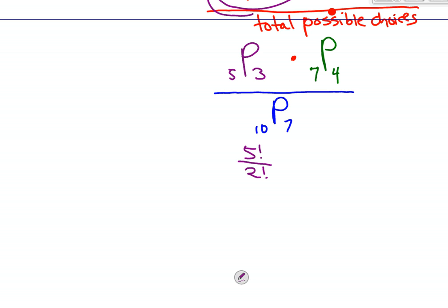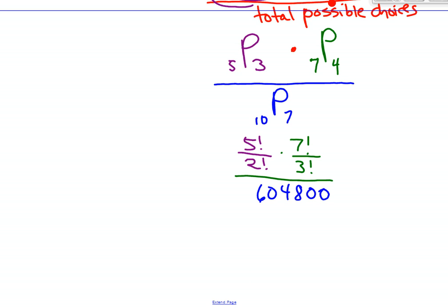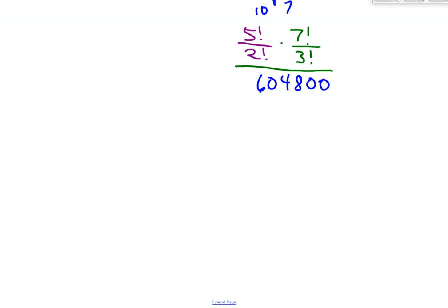That's what I was going to ask. Permutations of 7 things, taking them 4 at a time. That's 7 factorial over what? 3 factorial. And then this one, I'll just write that number because we already did that. That was 604,800, right? Because do we agree that we did that part?